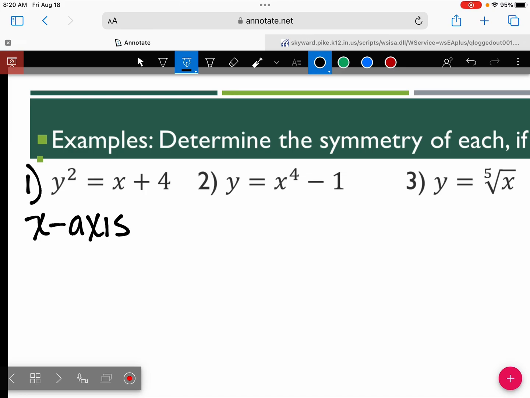So for x-axis symmetry, I'm going to replace y with negative y. So we have y squared equals x plus 4. And then I'm going to put a negative y in here.